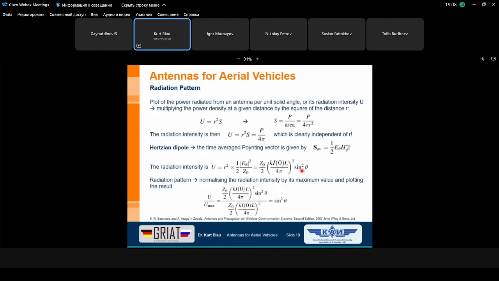It's clear if the sine function is 1, then we have the maximum. If we relate this to the maximum, we have this simple formula: only the sine function squared, U divided by U max.